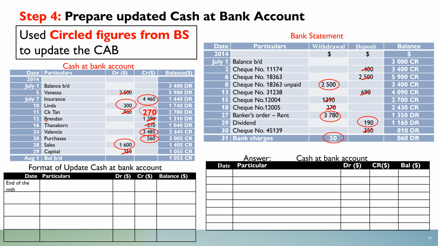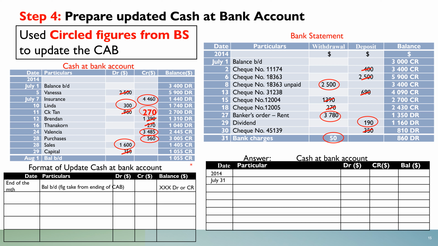According to the format, we're going to start with the end of the month of the question, which is July 31st. So I'm going to fill in July 31st and then the figure here. Where does this figure come from? This is the balance brought down, taken from the ending balance of the cash at bank, which is $1,055 credit.